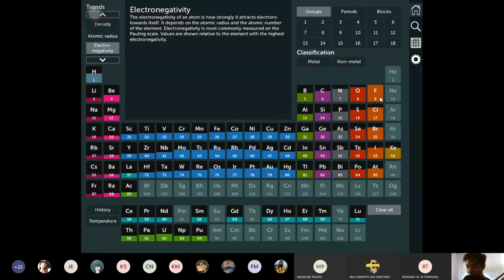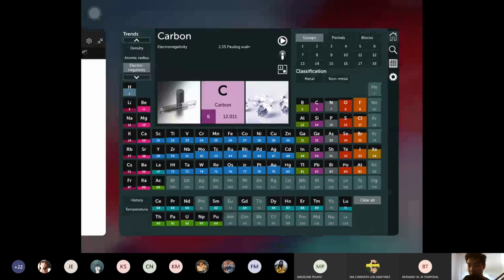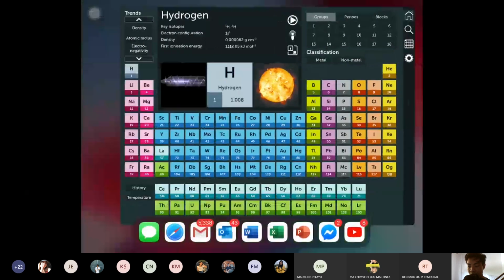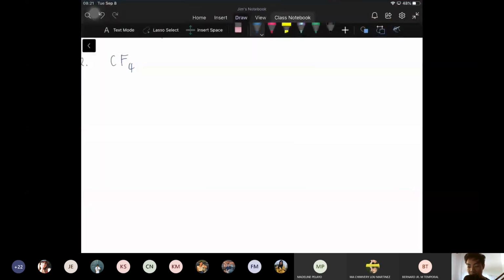So, si fluorine yung most electronegative than carbon. So, that means fluorine, being the most electronegative atom, siya yung magbe-bear ng terminal side, no? So that means fluorine would be our terminal, carbon would be our central. So lagay mo si carbon sa gitna and your fluorines will surround the carbon, no? On four sides.